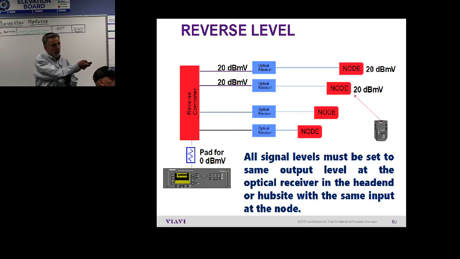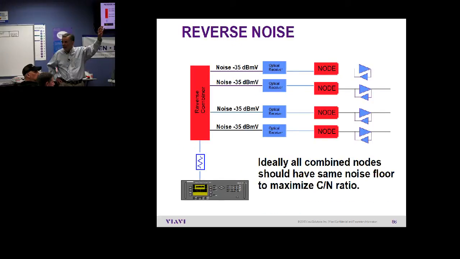If I combine those two with the other two, my noise is going to be 28 dB carrier to noise. And by the way, you have to have 20 dB carrier to noise on the telemetry frequency at the input to the 5510 in order for it to work.